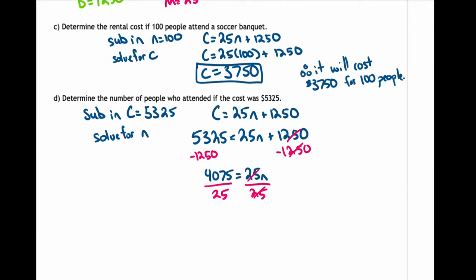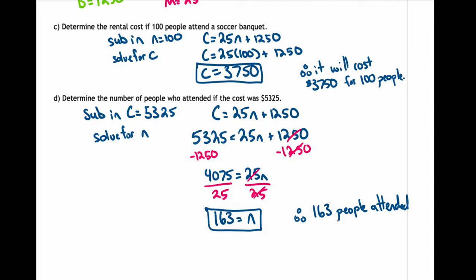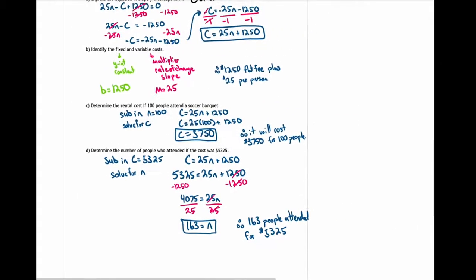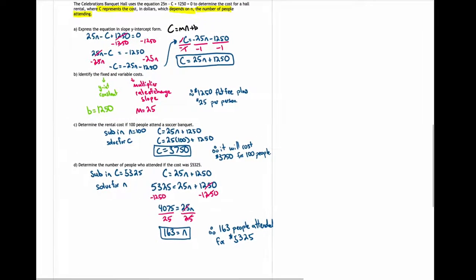When I divide by 25, I get 163 equals n, or therefore 163 people attended for $5,325.